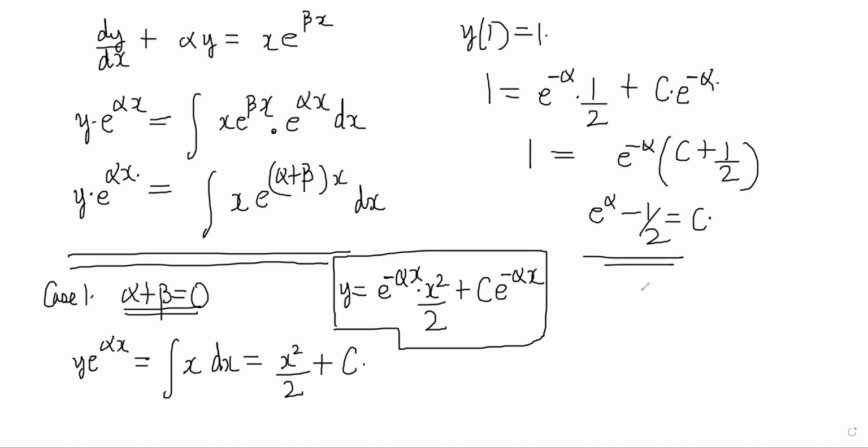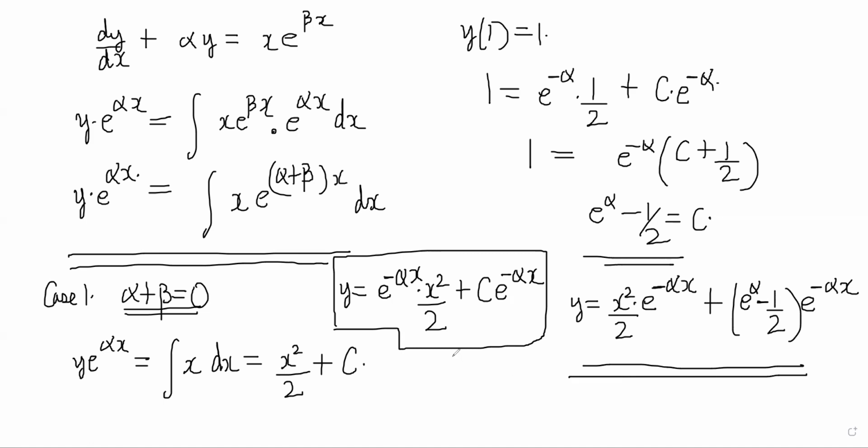So my solution becomes y = x²/2 e^(-αx) + (e^α - 1/2) e^(-αx). That is my solution.